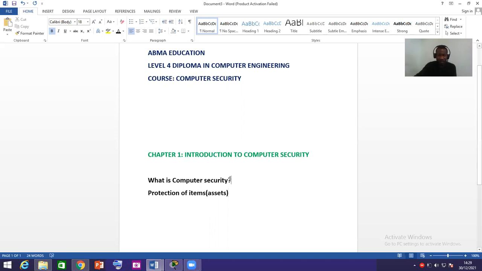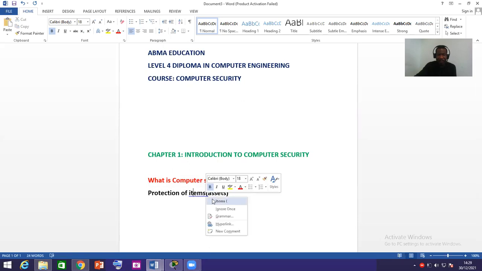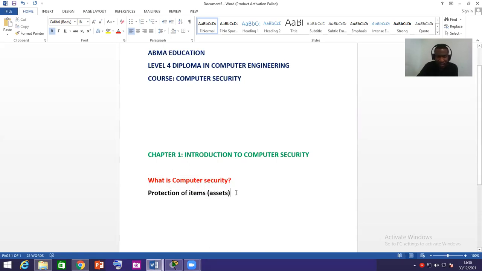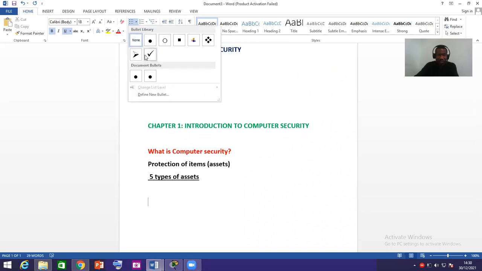So computer security is the protection of assets. And we have 5 types of assets that you need to protect.